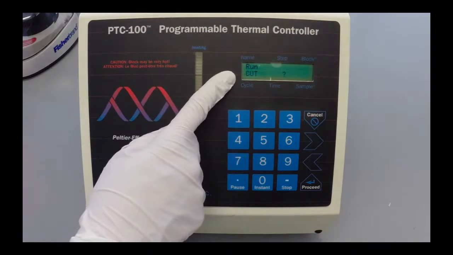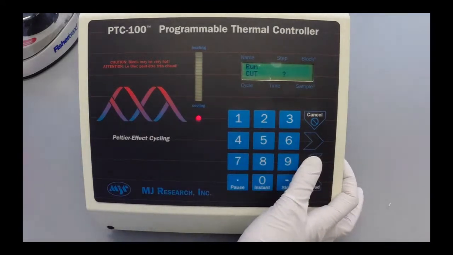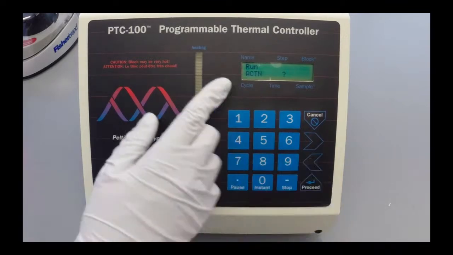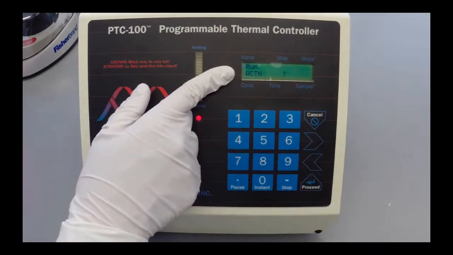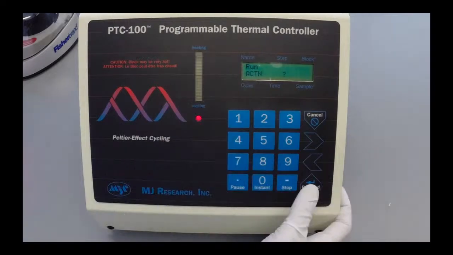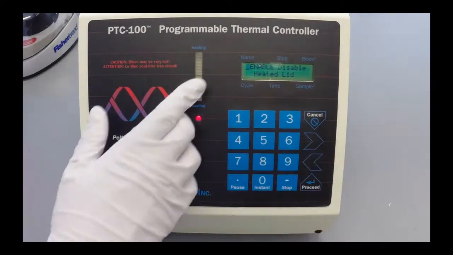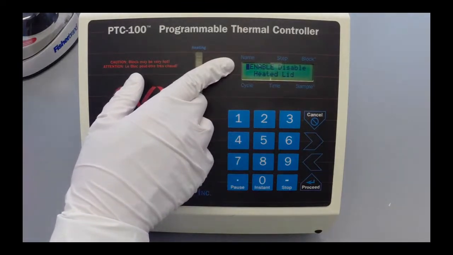Use the horizontal arrows to navigate to the program of interest, in this case ACTN, to amplify the actinin 3 locus, and hit Proceed. The heated lid should be enabled by hitting Proceed to prevent extreme condensation at the top of the tube.